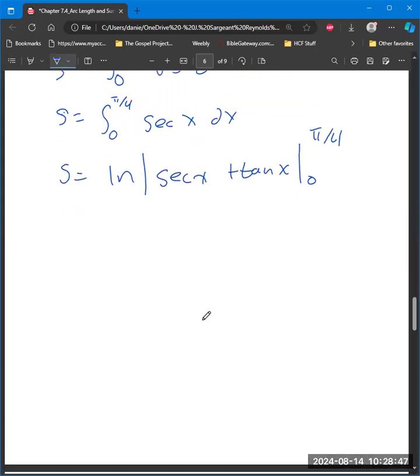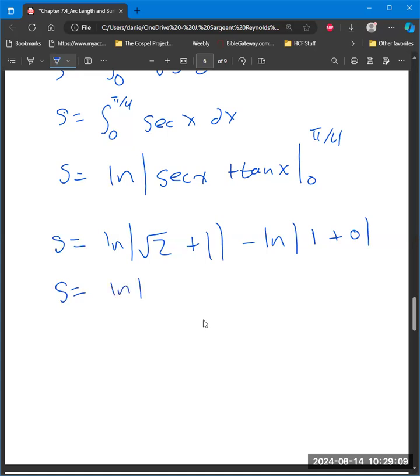Secant of pi/4 is root 2. Tangent of pi/4 is 1. Secant of 0 is 1, plus tangent of 0 is 0. Minus ln of 1.